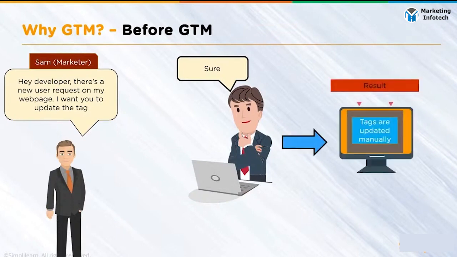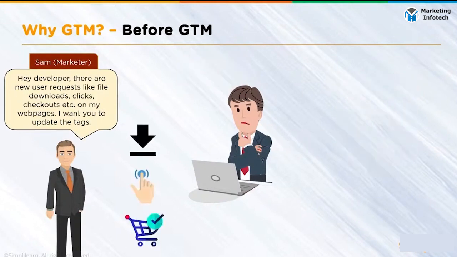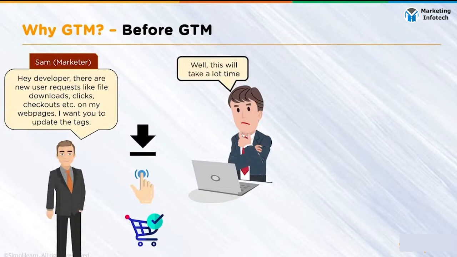Normally the developer is going to go to the website and update the tag. Well, what if you have a few things that you want to track? All those things I mentioned before, from downloads to clicks to somebody checking out to watching a video. Well, your web developer is going to go, hold on a second. All these requests are going to take time. I need to put them into the work queue, so to speak.